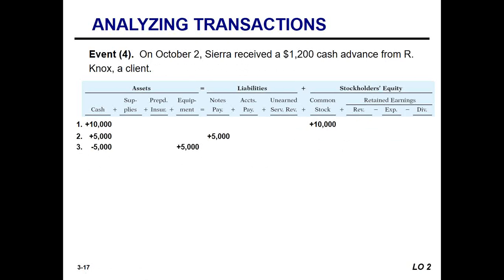So until the work is completed, that money is a liability. So this $1,200 is going to increase our cash, but it's also going to increase our liabilities until the time that the job is complete and I can move this money from unearned to earned revenue. A lot of concepts to throw in there, huh?